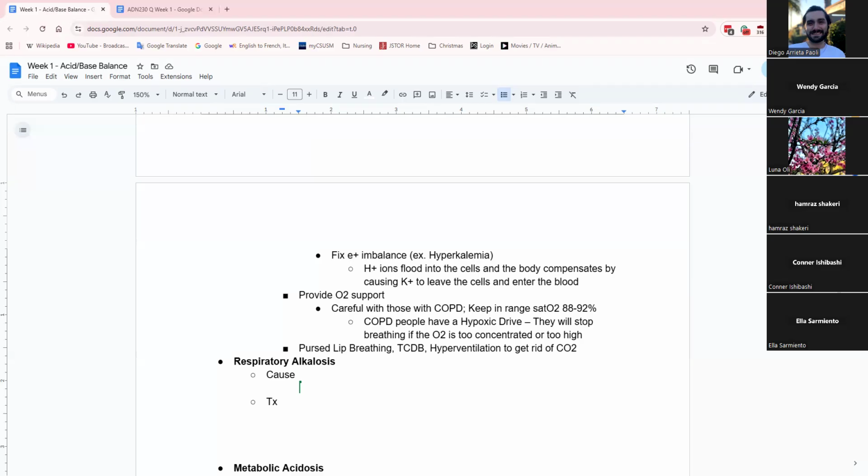One of the interesting things, but it makes sense once you think about it, is that at the very immediate, and I do mean very immediate short term, they will initially be in respiratory alkalosis because in an attempt to compensate for the constricted airway, they're going to be hyperventilating.